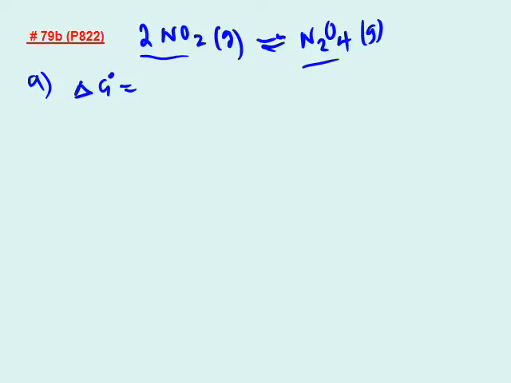This is going to be my expression, delta Gf0, again product value first, minus the reactant values, 2 times the reactant values, because there are 2 moles. For N2O4 there is 1 mole, and for NO2 there are 2 moles. So now 1 times N2O4 value minus 2 times NO2 value.